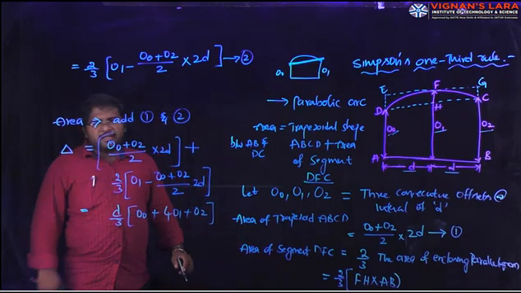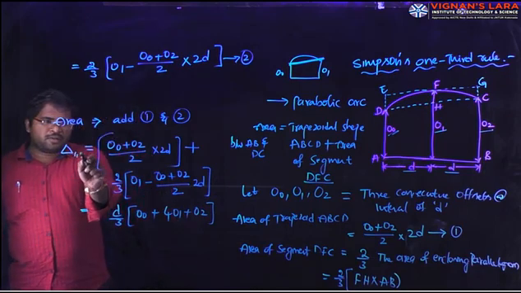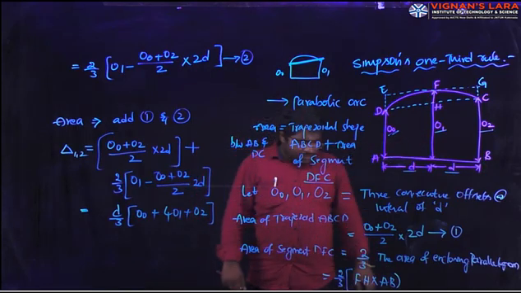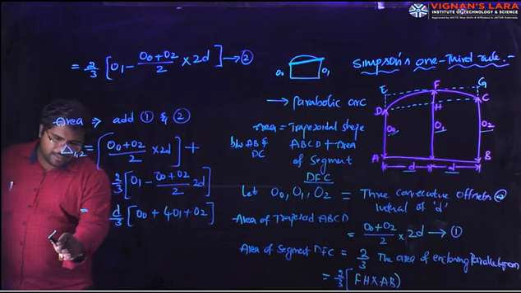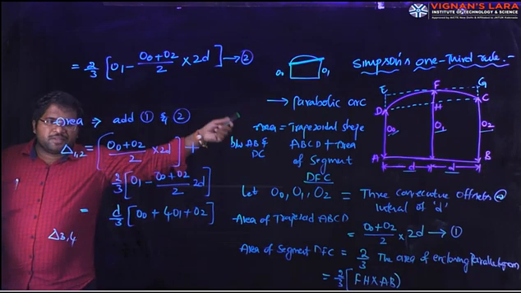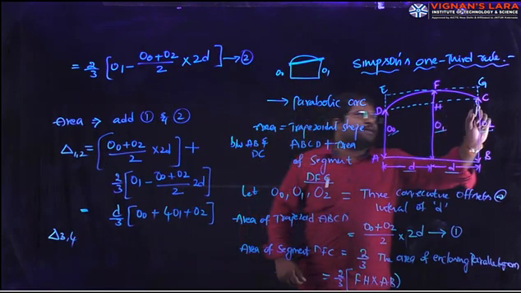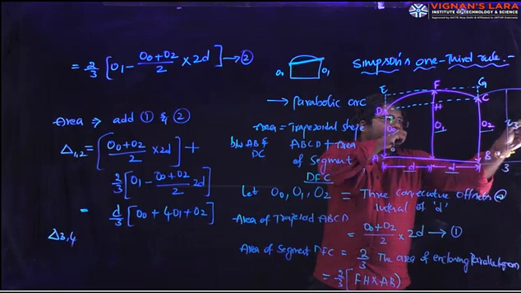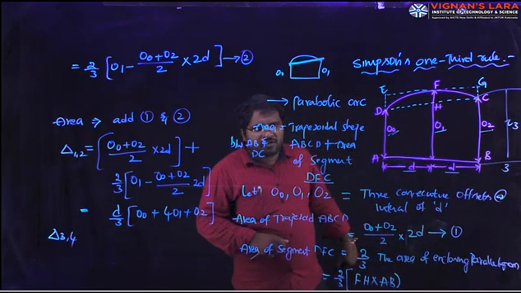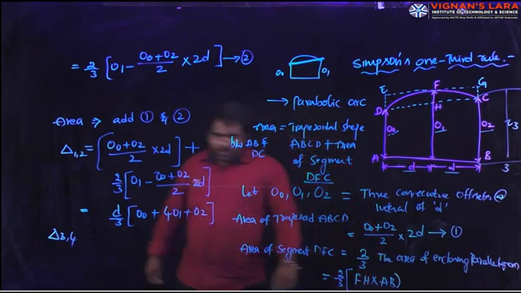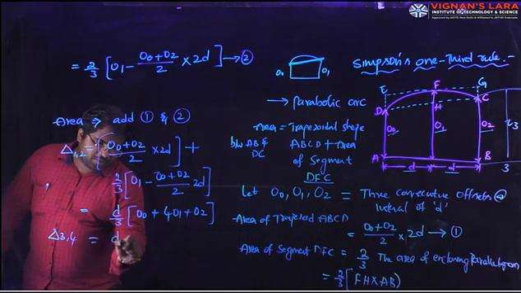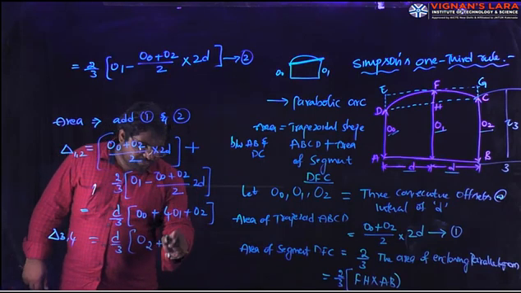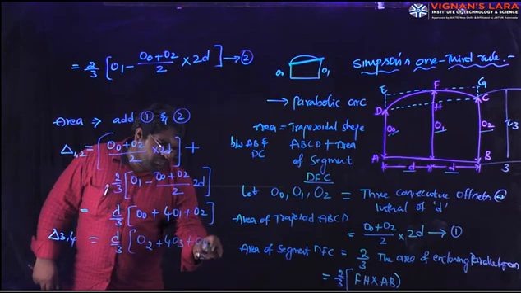Similarly, this is for segment 1, 2 on the way. Next, if you are going for delta 3 4, the area of the next segment, suppose we have another area here, that is offset 4 and offset 3. For that we are going to get d by 3 into O2 plus 4O3 plus O4.